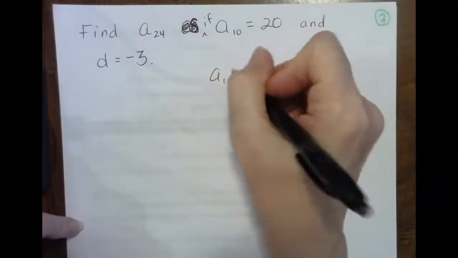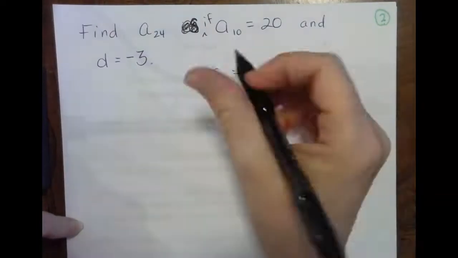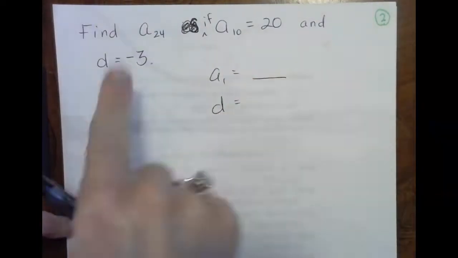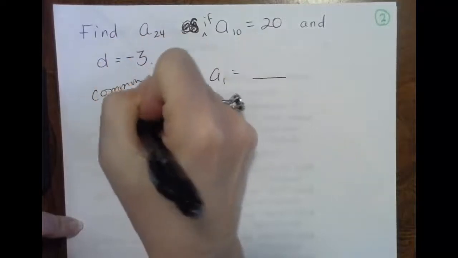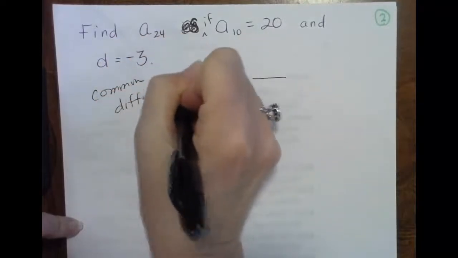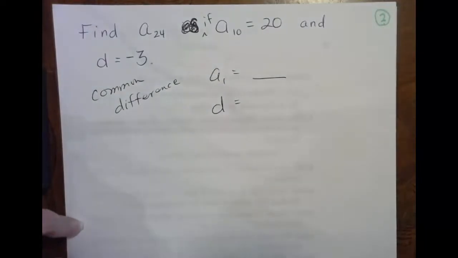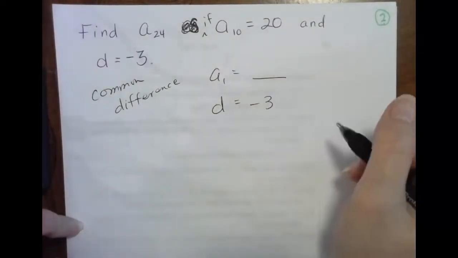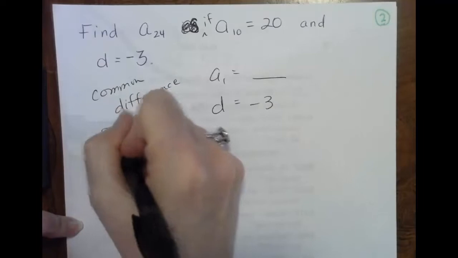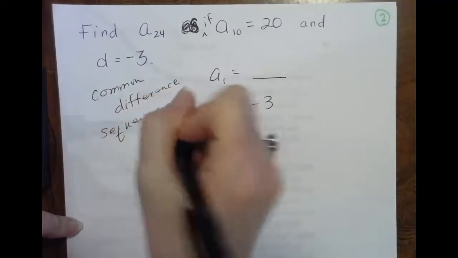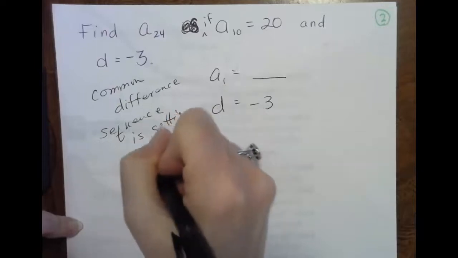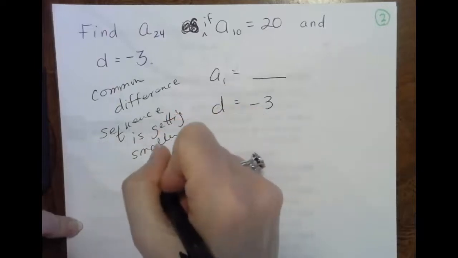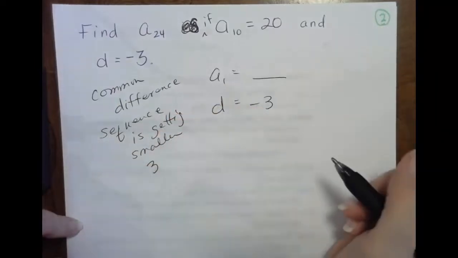So we do not know the first term, but we do know the d. Remember, the d value represents the common difference in the arithmetic sequence, and it's negative 3, which means that our sequence is not increasing, but it is getting smaller by 3 every move that we make.